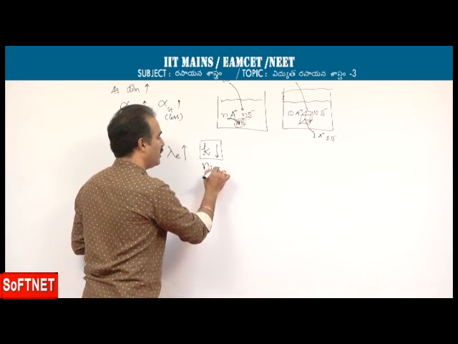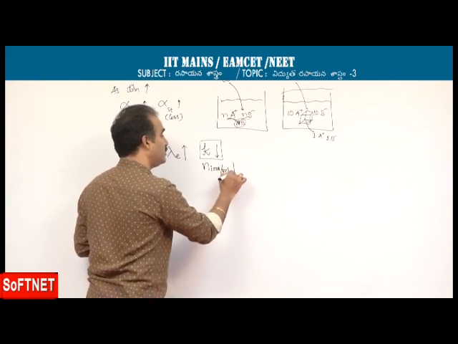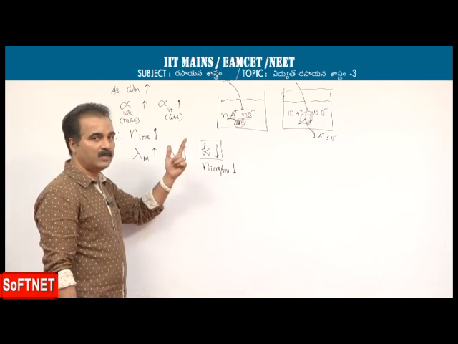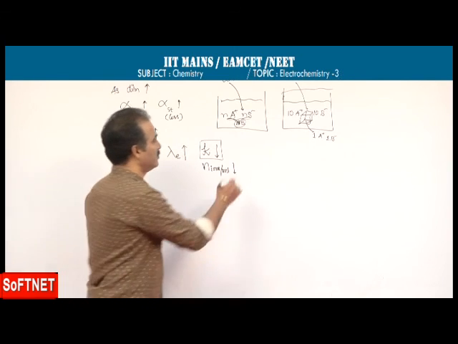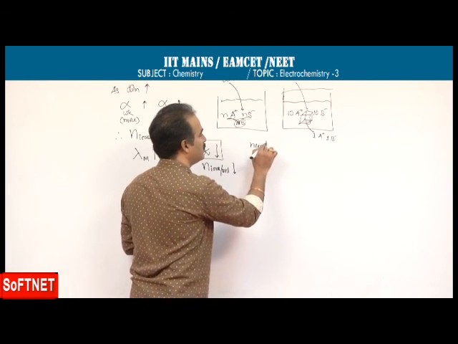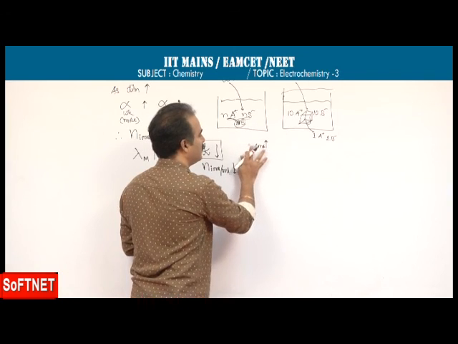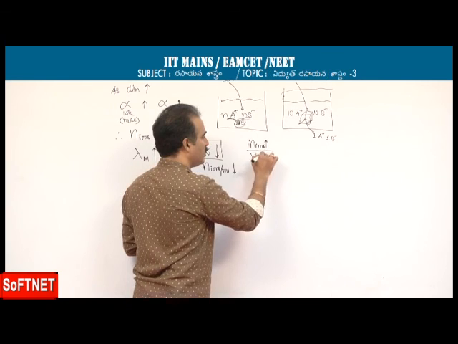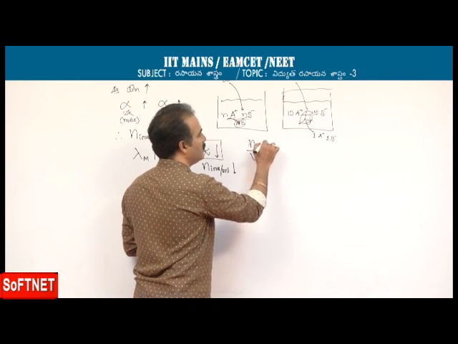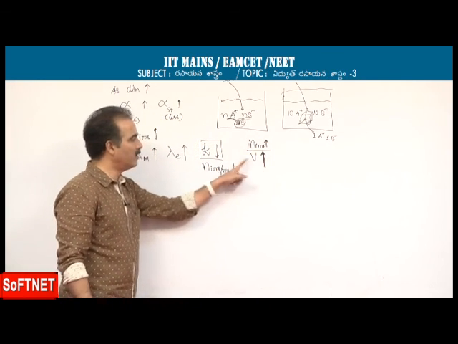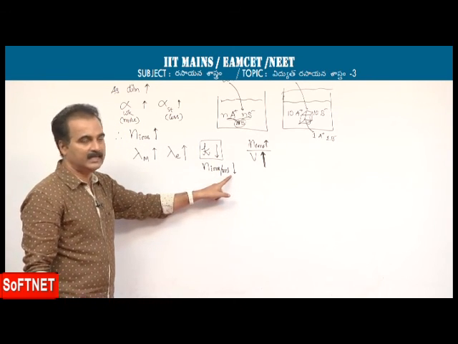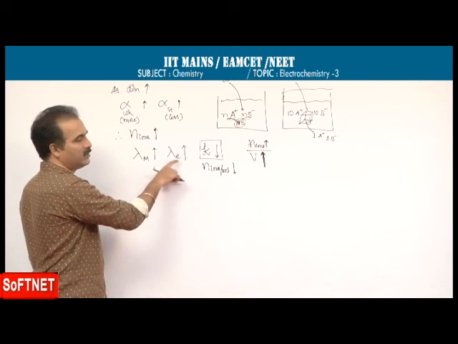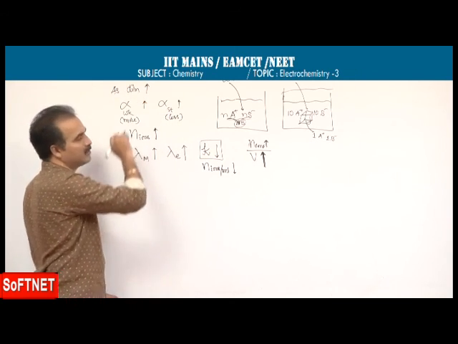So number of ions per ml is decreasing. Number of ions is increasing, volume is also increasing, but the increase in volume is more than the increase in number of ions. Altogether, the number of ions per ml decreases, so specific conductance decreases. Remaining all are increasing, you should remember, as dilution increases.